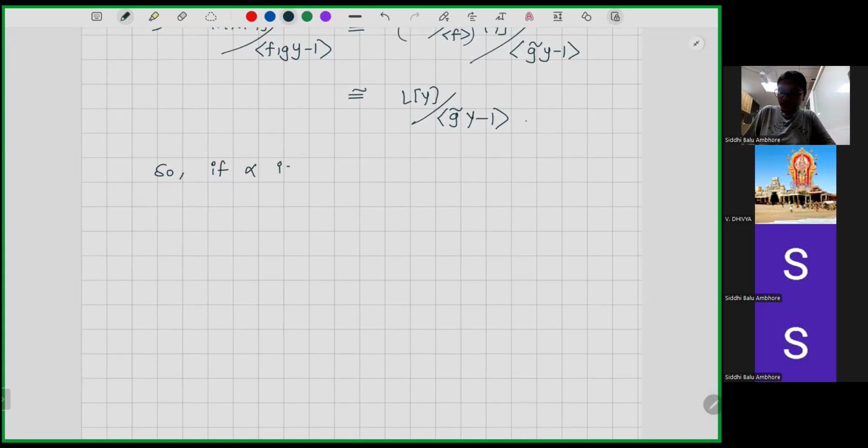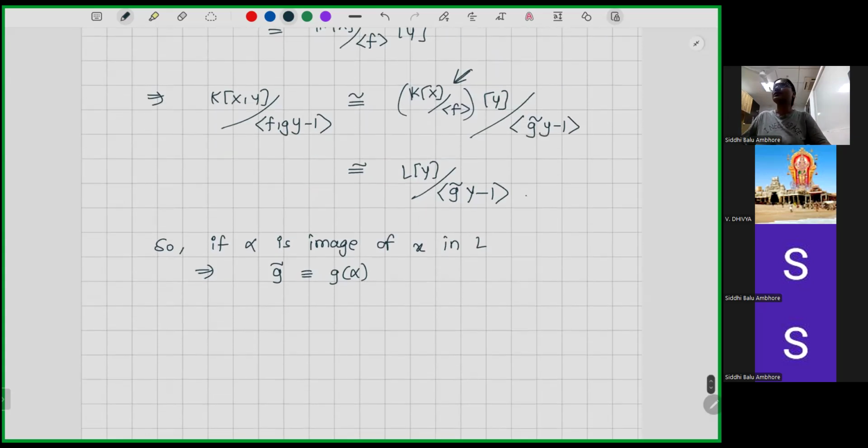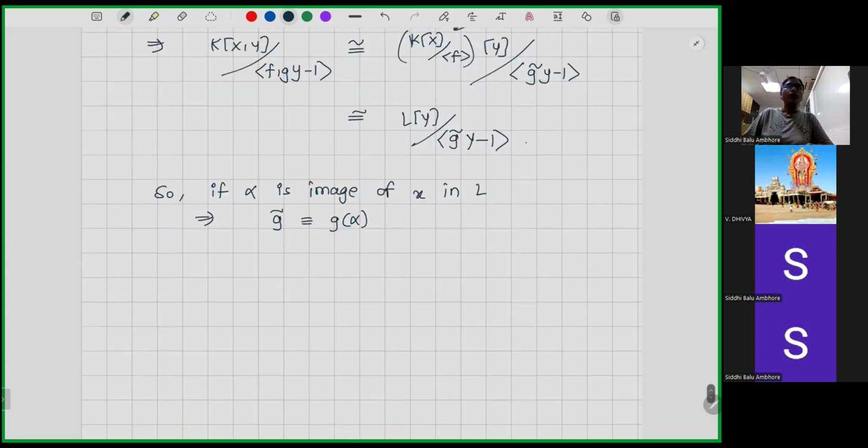So if alpha is the image of this x in L, then this g̃ is actually equivalent to g(alpha), because x goes to alpha, so any polynomial in x goes to that polynomial evaluated at alpha. That's because of the properties of ring maps.